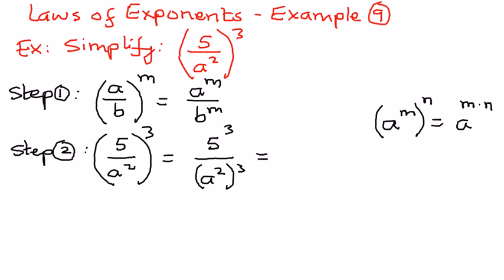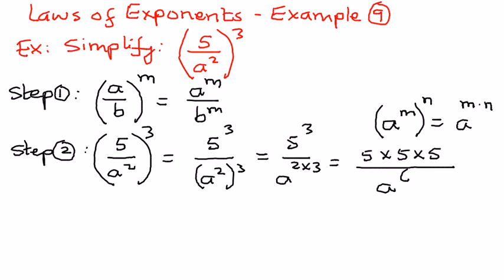So we can simplify this as 5 to the power of 3 divided by a to the power of 2 times 3. Now we want to expand 5 to the power of 3. 5 to the power of 3 I can write as 5 times 5 times 5 divided by a to the power of 6.